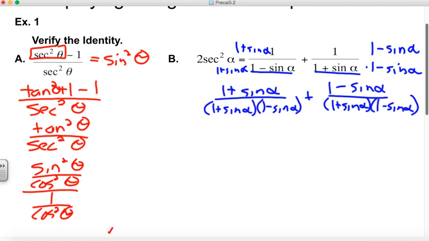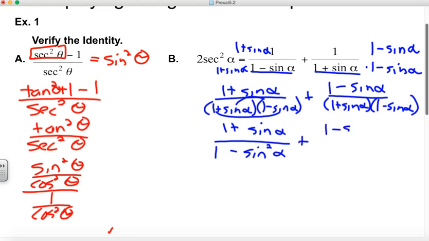Alright, so let's multiply those denominators, actually like full amount. Whenever you FOIL those, of course the top's still 1 plus sine alpha. Whenever we FOIL the bottom, 1 times 1 is 1. Sine alpha and minus sine alpha is going to give us minus sine squared of alpha. And then, of course, 1 times minus sine and 1 times positive sine, well, those are just going to cancel out. So I don't need to put anything else in the denominator.